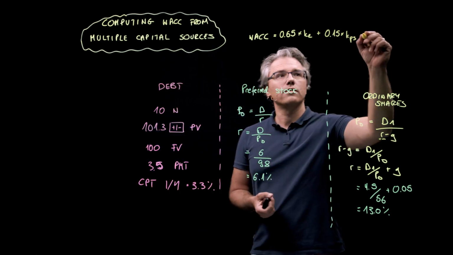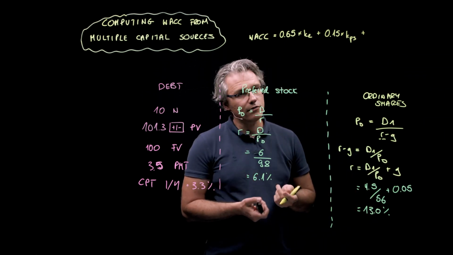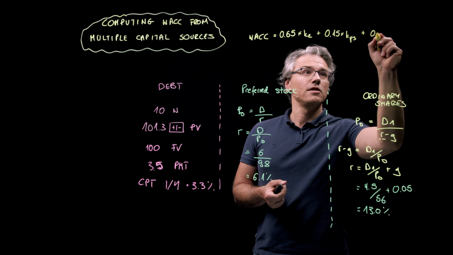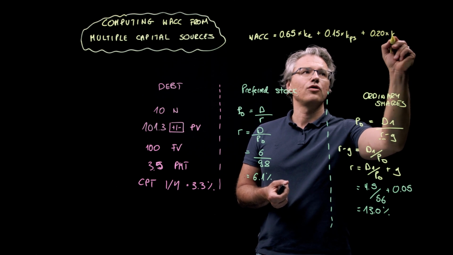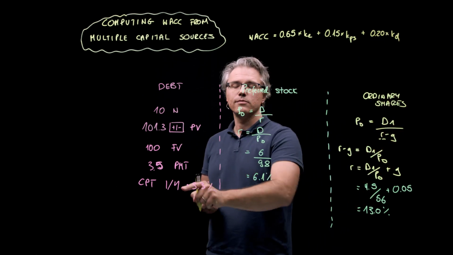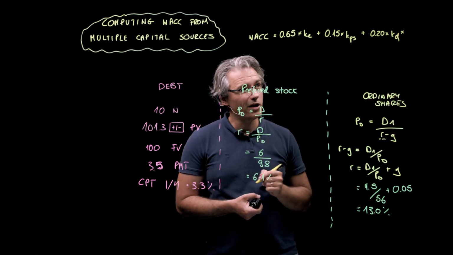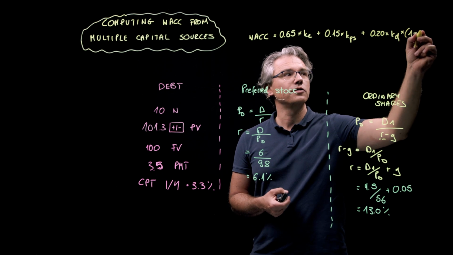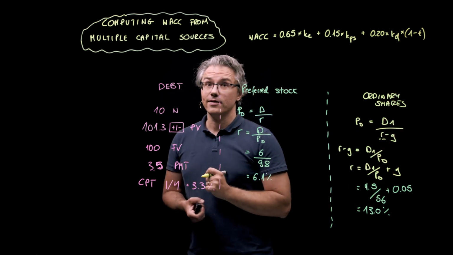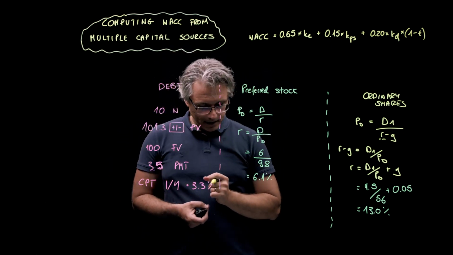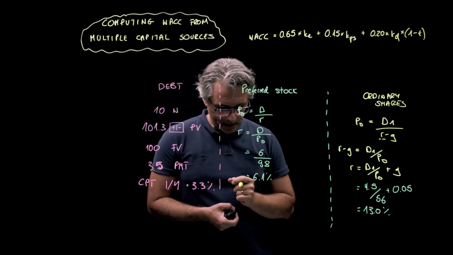And I'm also going to have my final source of capital, that was debt. Its weight was 20%, so 0.20 times the cost of debt, which we computed over here, but critically multiplied by 1 minus t, the tax shield, to account for the fact that interest paid on debt is tax deductible. Now, let's put in the additional numbers.